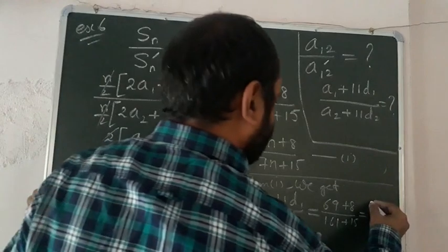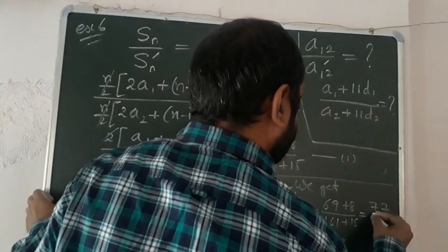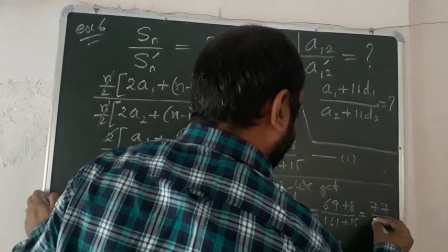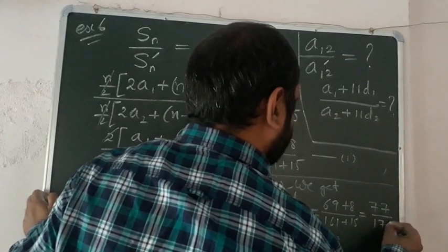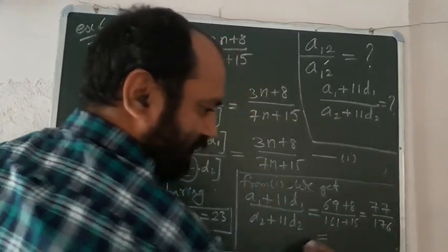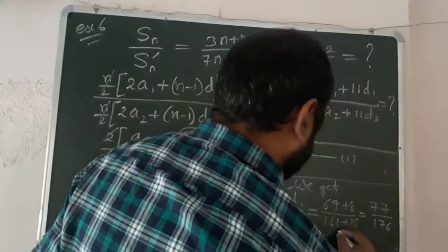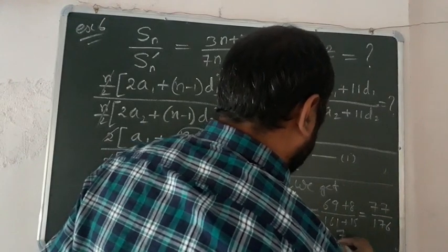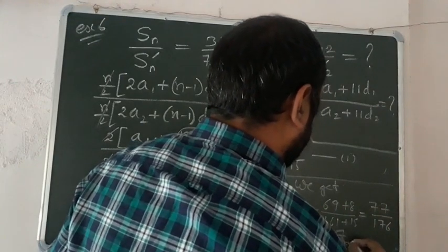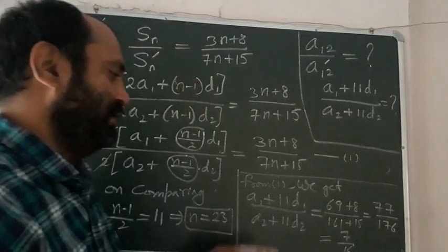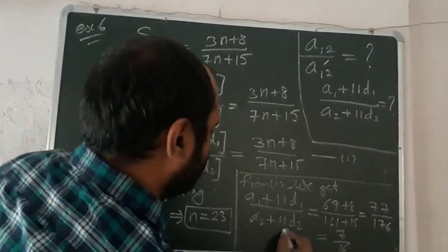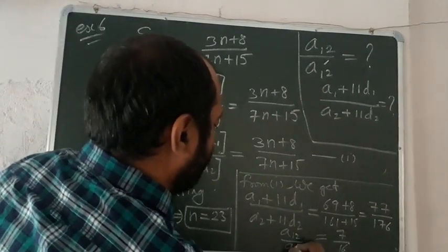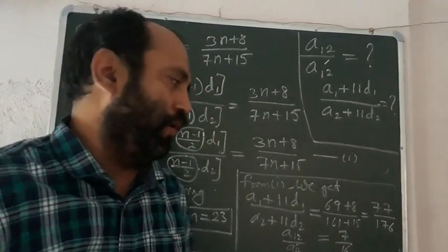When we simplify this we get 77 over 176. So your answer will be 7/16. This is the right answer, that is a12 over a12 dash is equal to 7/16.